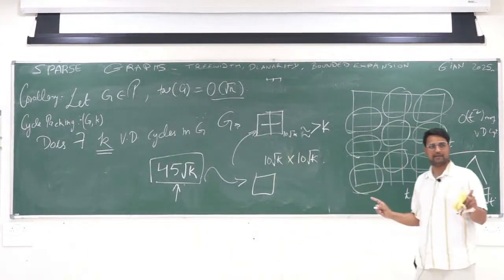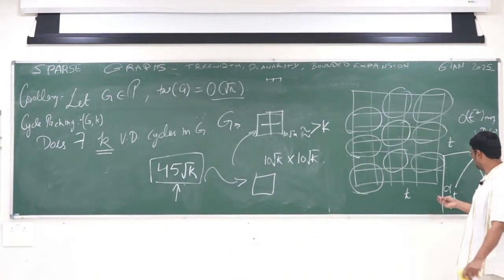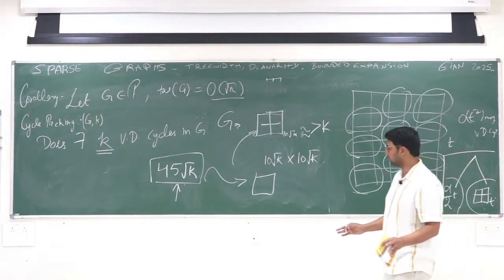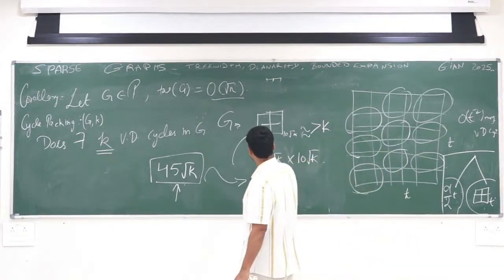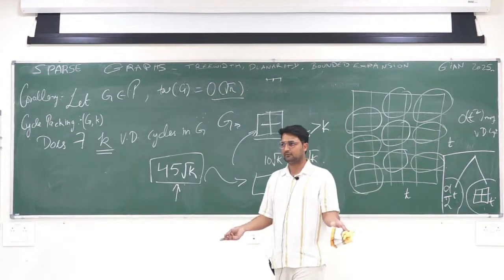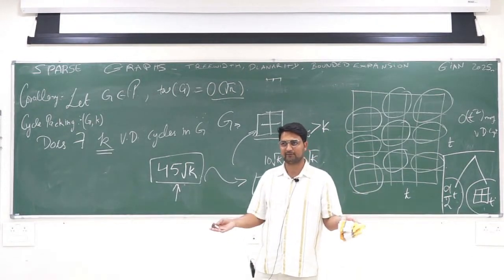This is the property of my algorithm. Now, why is this situation called a win-win situation? If I get this as a minor, I immediately say, yes, there exist k vertex disjoint cycles.